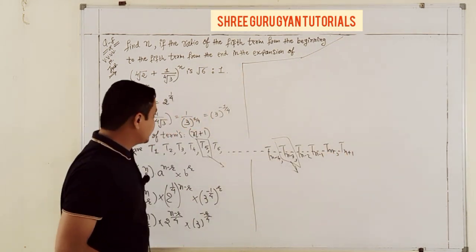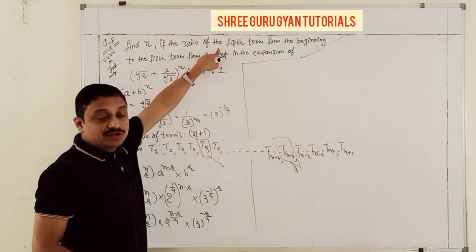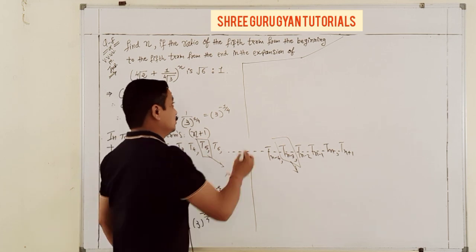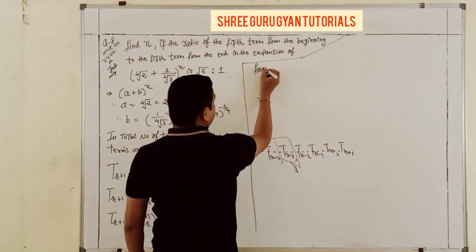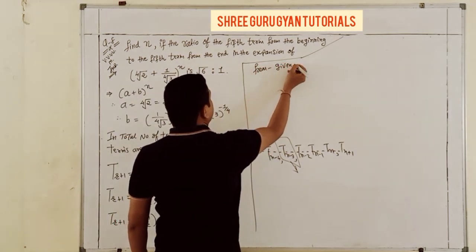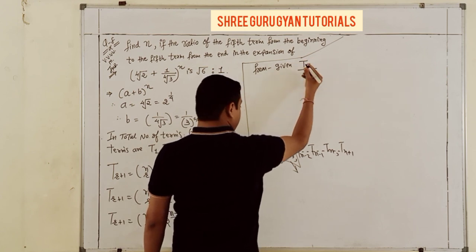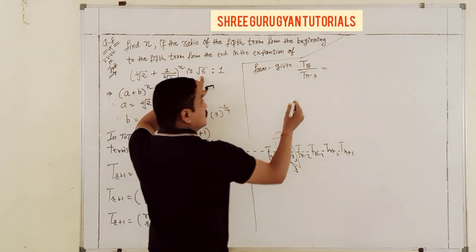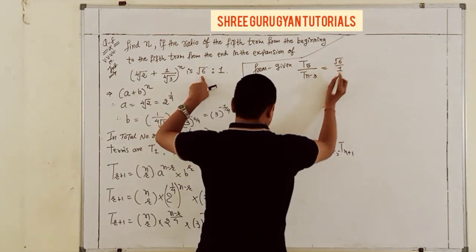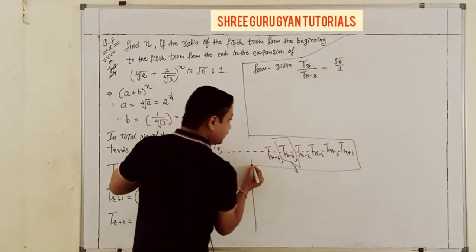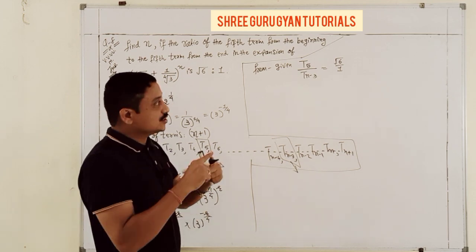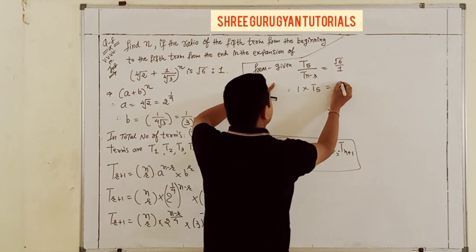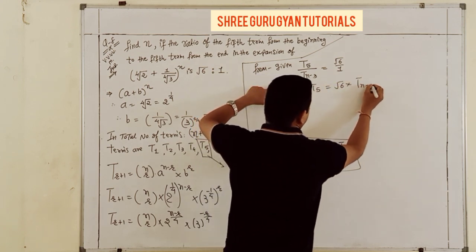Now check the ratio of the fifth term from the beginning to that from the end. From the given, T5 upon T(n minus 3) becomes √6 to 1, and I apply this in my solution. So cross multiply: 1 into T5 equals √6 into T(n minus 3).